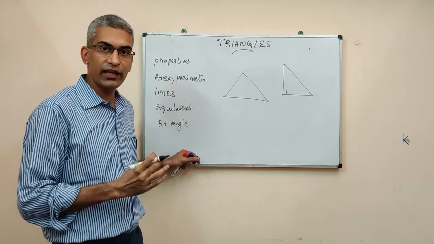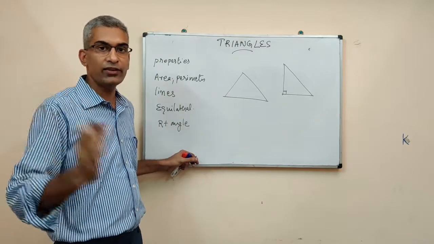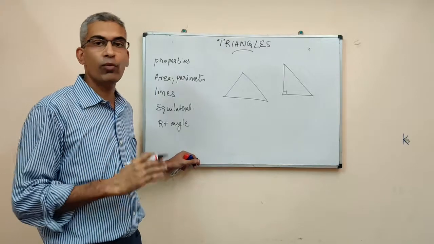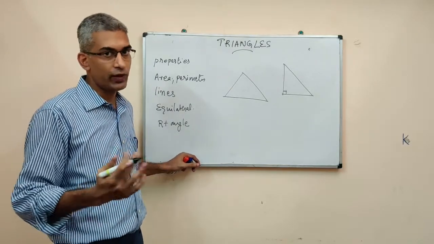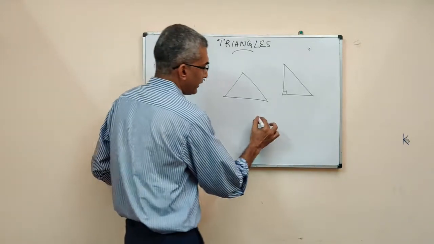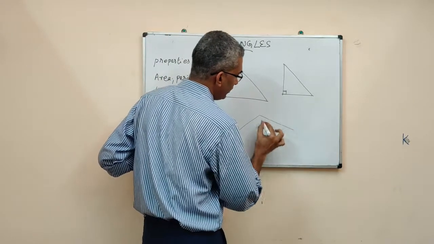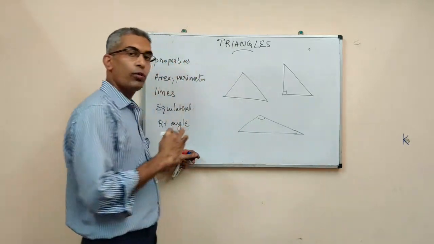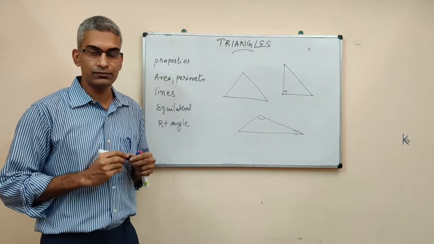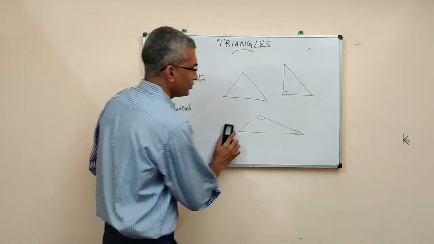If one angle is 90, there is no possibility of any other angle being equal to or more than 90, because the sum of the 3 angles should definitely be equal to 180. A triangle where an angle is bigger than 90 degrees is called an obtuse angle triangle. This is from the angle perspective.